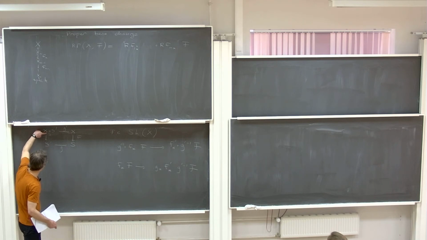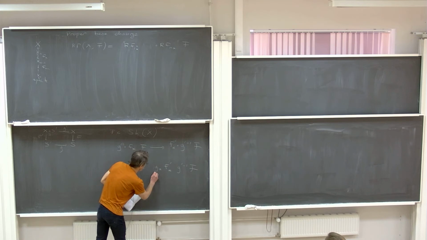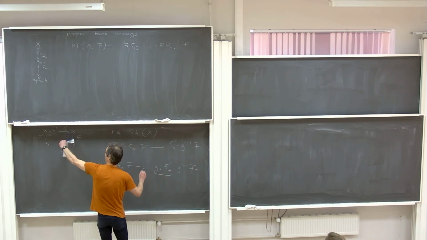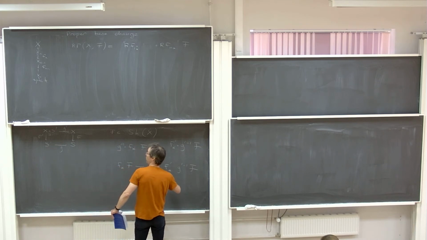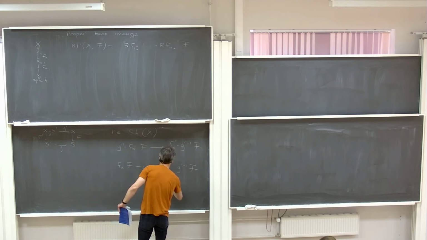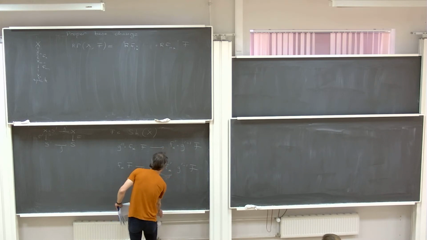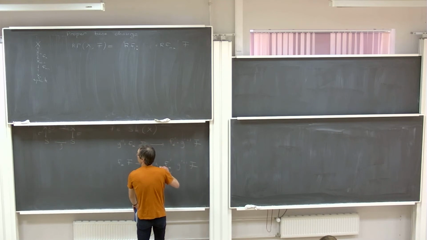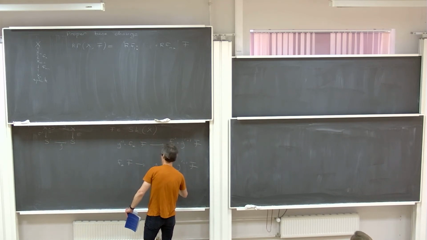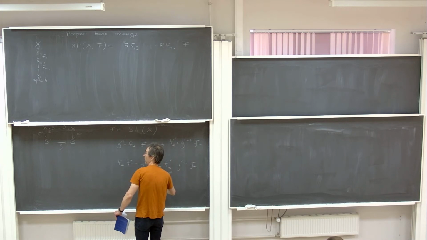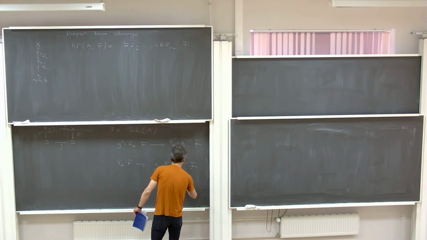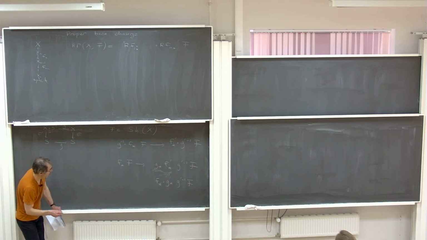So now this composition, this map is equal to, because my diagram is commutative, the composition of g'_*, f_*, g'^{-1} of F, right?